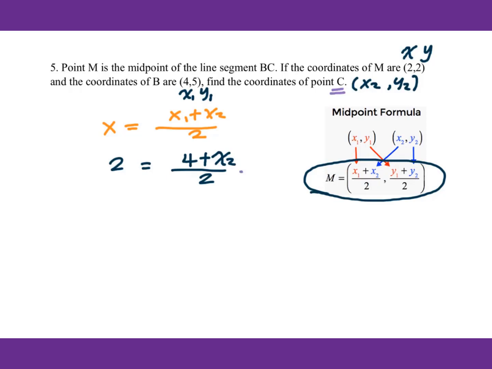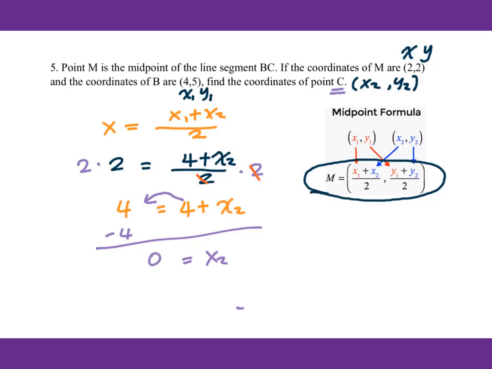We multiply by 2 on both sides so that you can get rid of the denominator. You will get 4 equals 4 plus x2. Then minus 4 on both sides. You will get x2 equals 0. Do the same thing for y. We have y equals y1 plus y2 over 2.